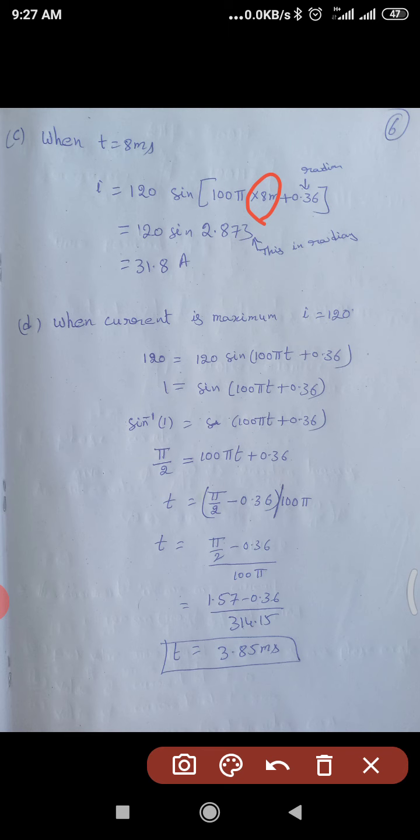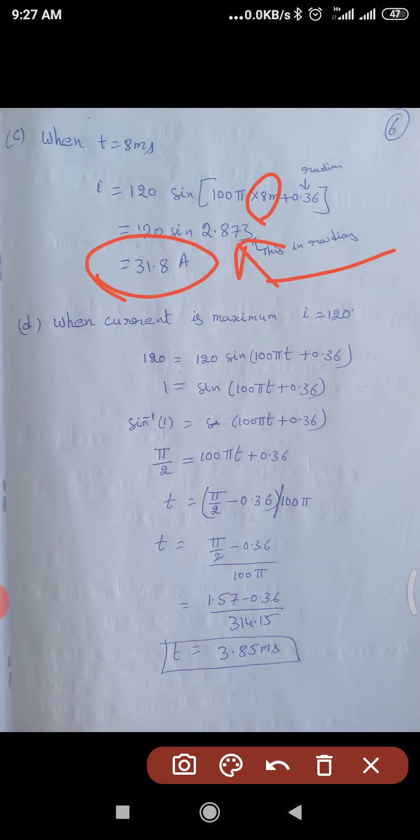We simplify and get the current I is equal to 31.8 amperes. Here also we have to remember that this is in radians. So every time we have to check whether your calculator is in degrees mode or in radians mode. Next, let us see the last part, D.